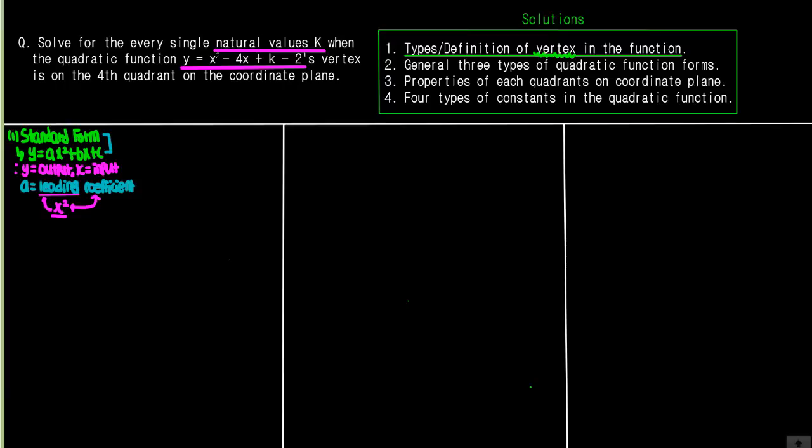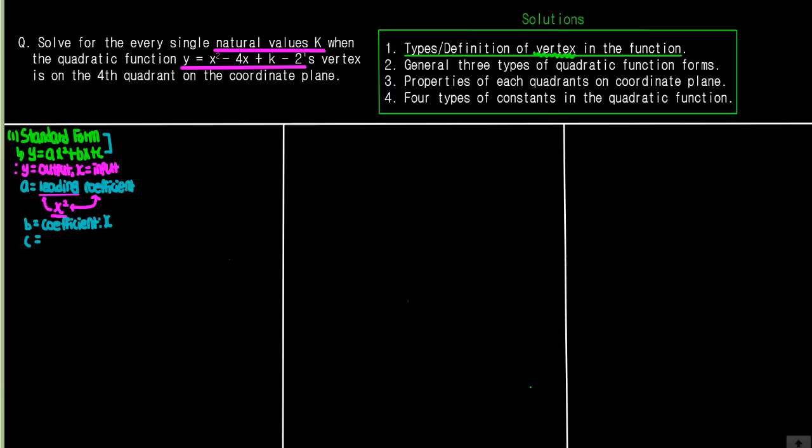The next one is b. B is exactly the same concept as a, except it is the coefficient of the first degree power term x. Now let's think about the last one, which is c.